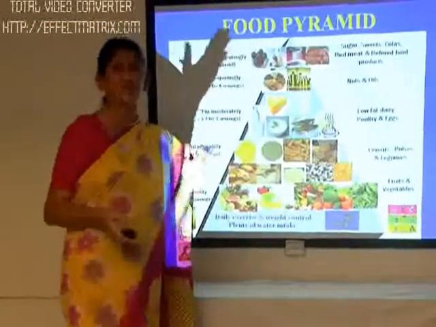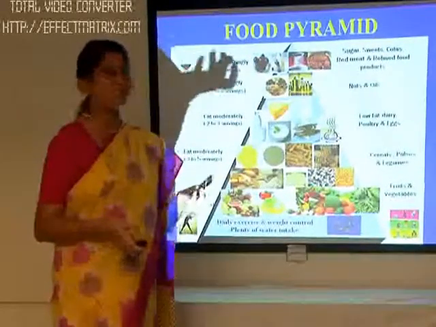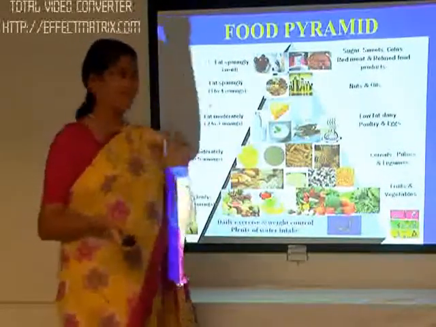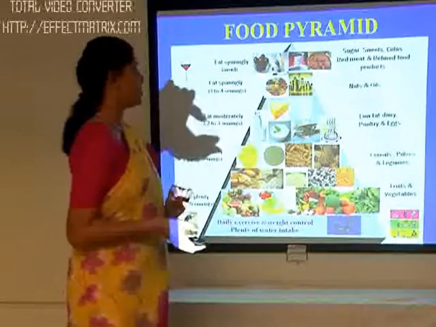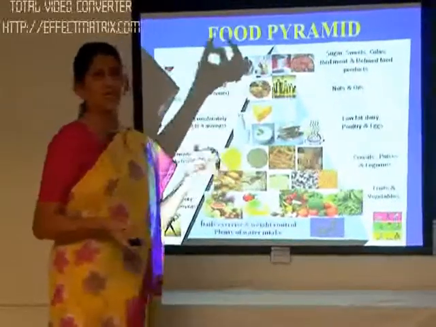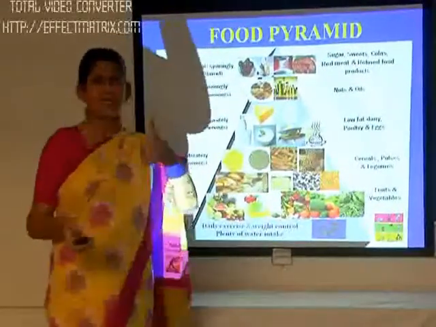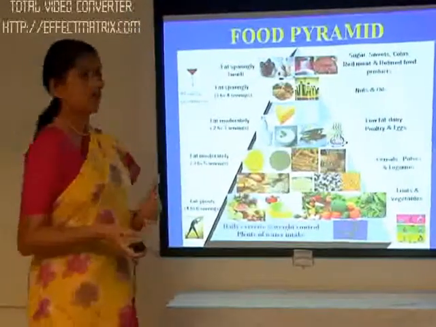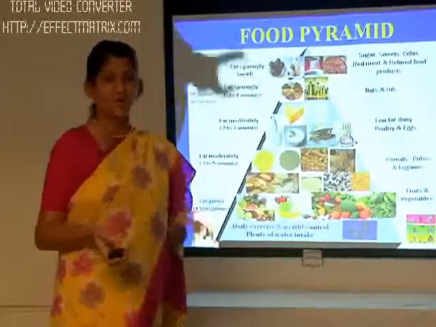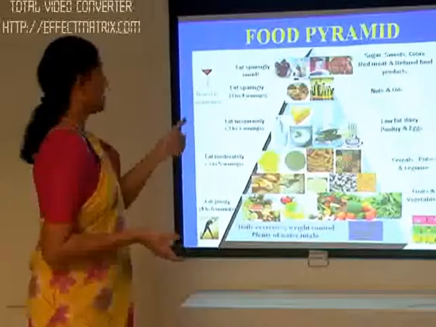So the fat should be removed. The lean meat means the fat is removed and the portion is cut. So cut portions of lean meat could be used in a sparing amount just at the top of the pyramid, once in 15 days or once in a month. So therefore it comes at the top.